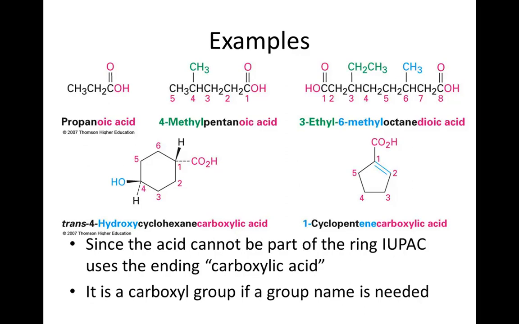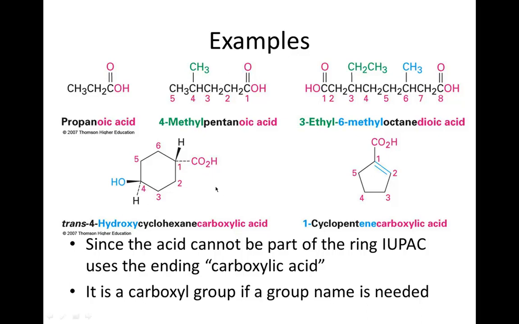So here's a few examples that were in the book, and you can see the numbering system. It's pretty straightforward, and here's even an example with 2 carboxylic acids in it, and so they use the di as a prefix in there, dioic acid. You notice nowhere in here is there a number 1 to tell you that the carboxylic acid is on carbon number 1, because we know that.